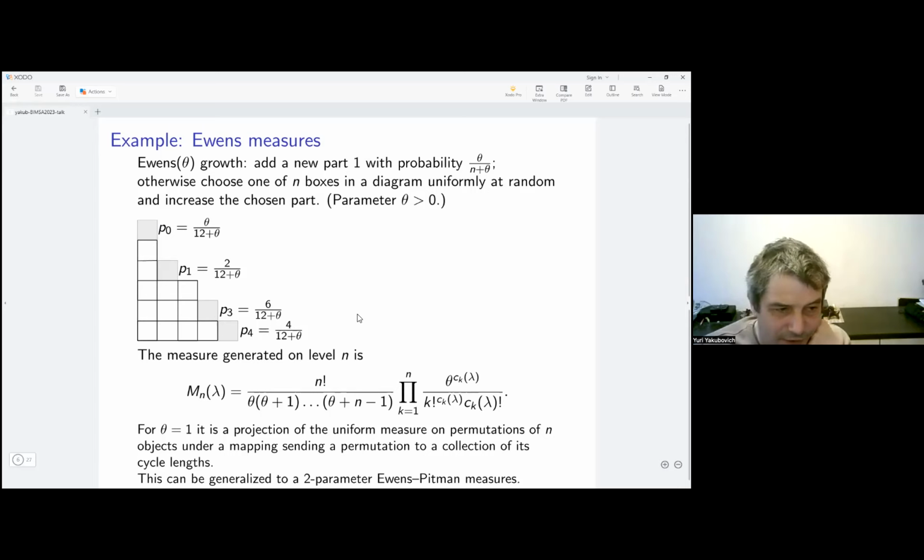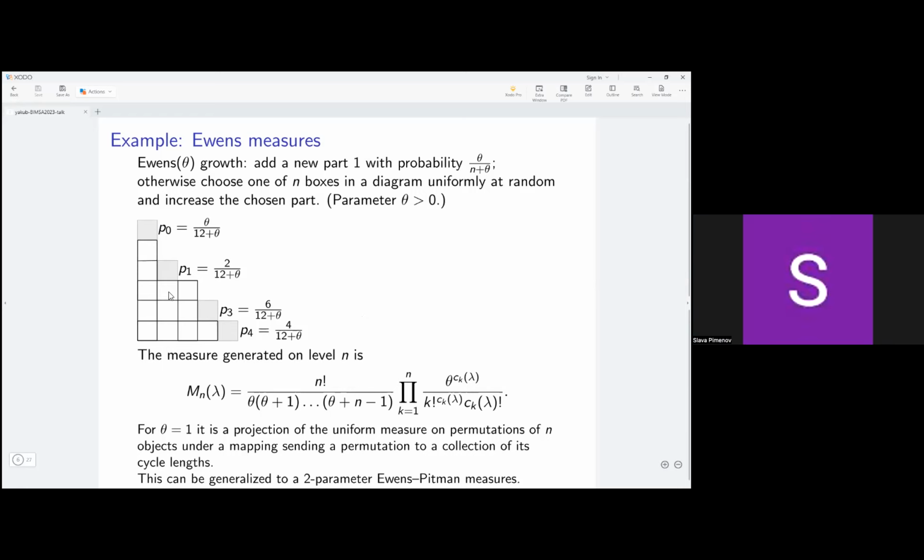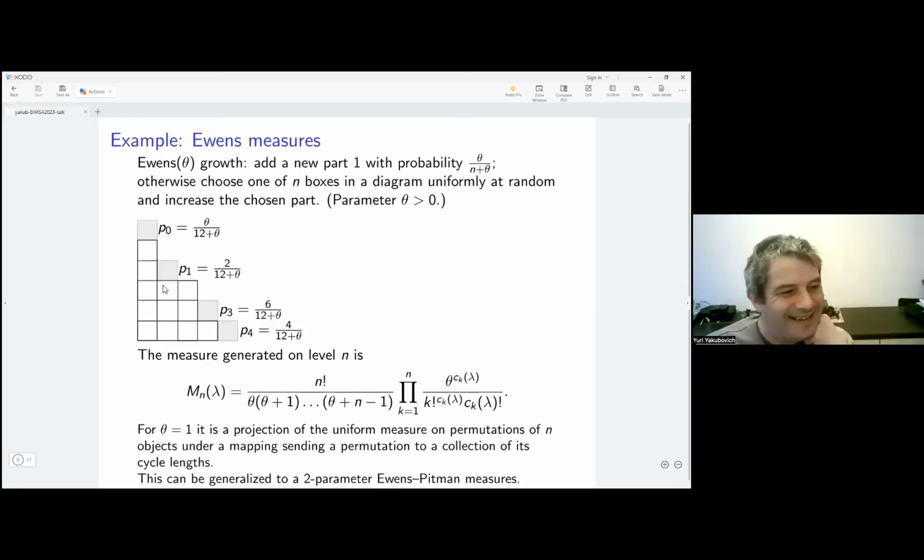We take at random uniformly one of n boxes in this diagram. And so suppose we took, can you see my mouse, by the way? Yes, we can. Okay, great. So suppose we choose this one, and then we increase this part, but we cannot place a box here, so we place it here.